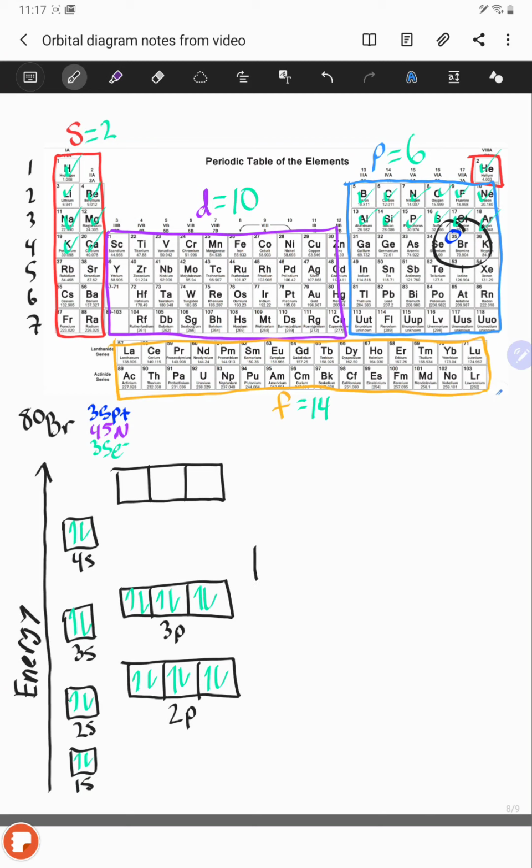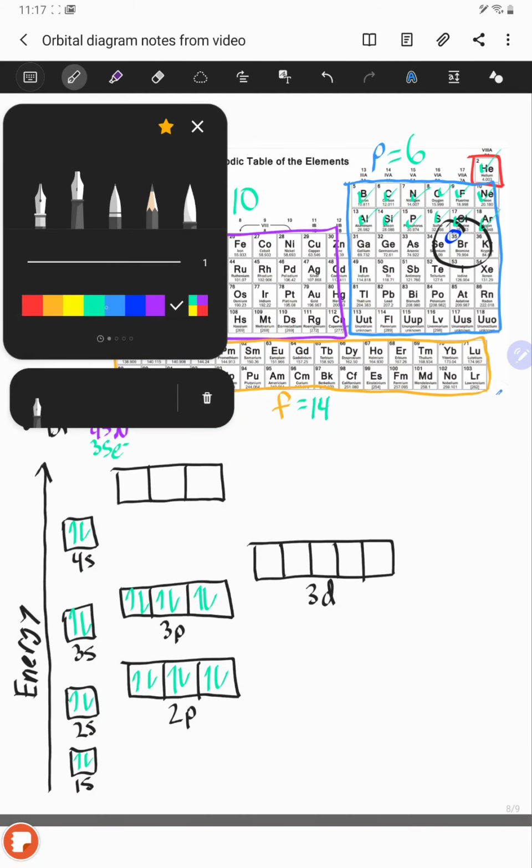The 3d orbital is now shifted down, and it is now located there. So the 4s, we unlocked our trapdoor, and the 3d orbital fell down.